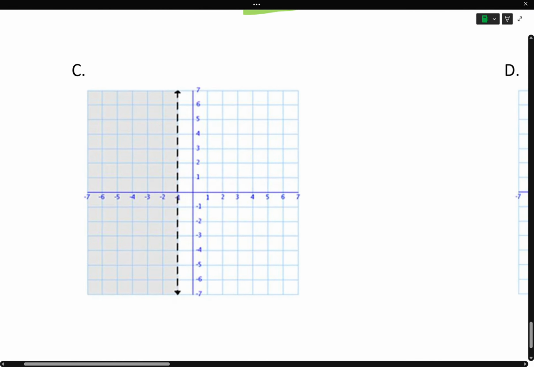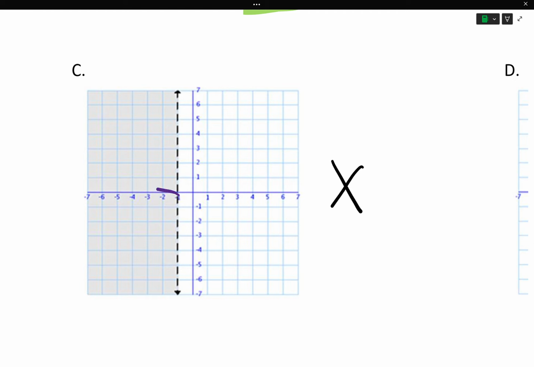All right, letter C, it's a vertical line, so it's an X. It's dashed, so there's no line underneath my symbol. It's shaded to the left, which is less, and it hits -1, so X is less than -1.